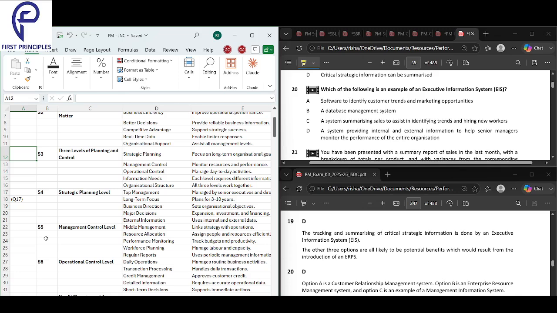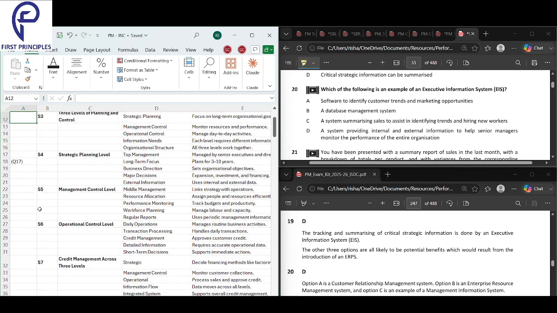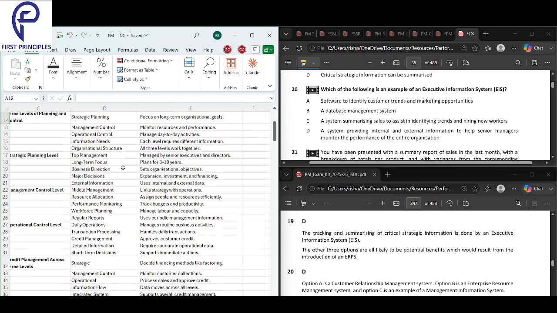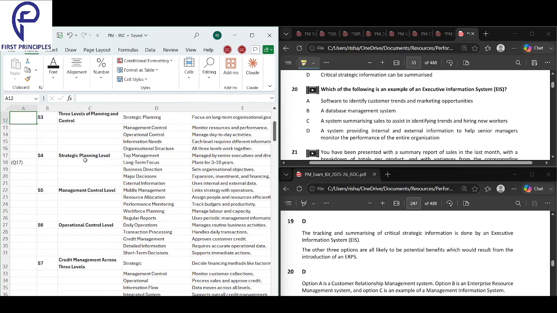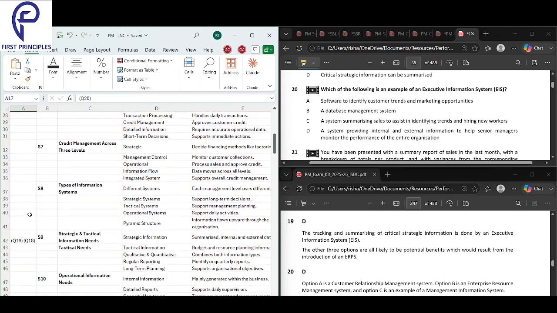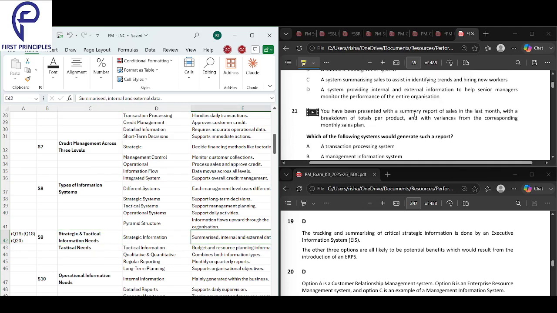Monitor the performance of the entire organization. A lot of questions have come from this area, guys. Summarize internal and external information.